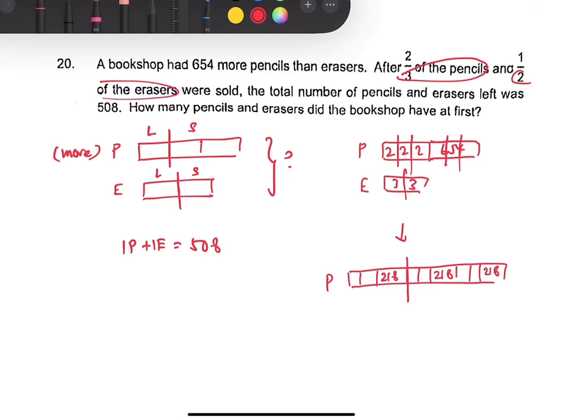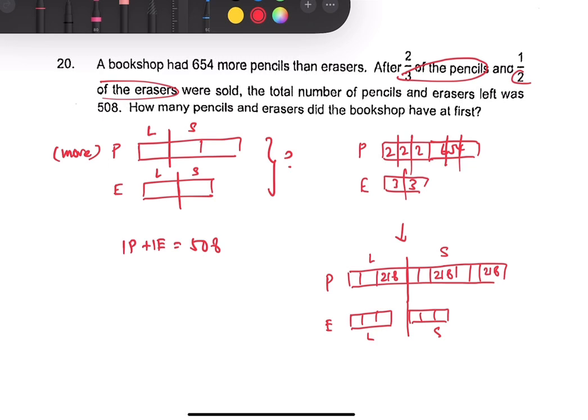And they are telling you that the eraser, you have 3 units and another 3 units, and these are sold. So this is the left, this is the left. If I reshuffle, it looks like this. And they tell me that total left is 508.